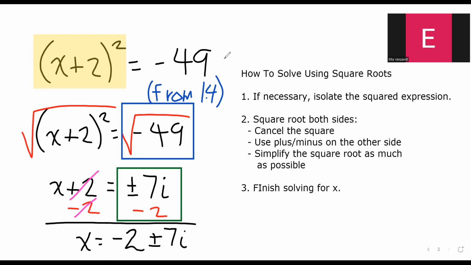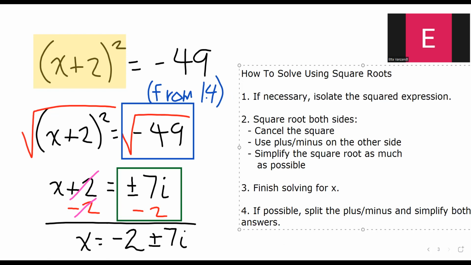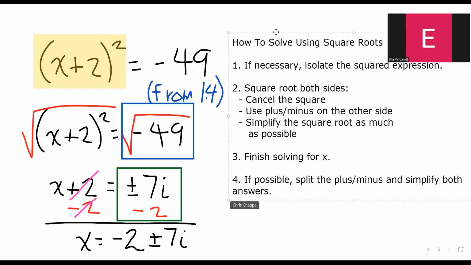Now, normally what you would do here, it doesn't happen in this case, but if possible, split the plus minus and simplify both answers. The reason it's not really possible here, I mean, it's possible to split them, don't get me wrong. I can take them apart, but it's not really going to get me anything.